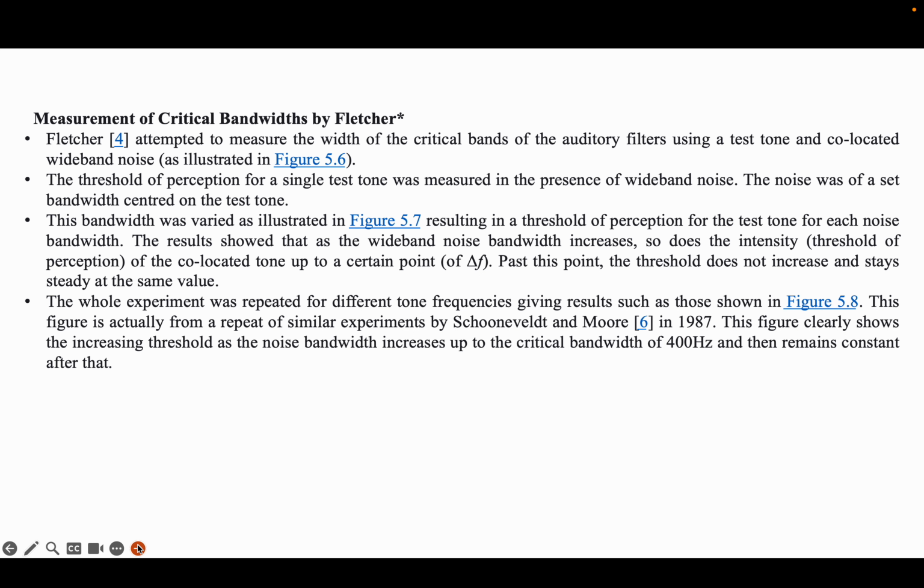So this attempt was made to measure the width of the critical bands of these built-in auditory filters within the human inner ear, using test tones and co-located wideband noise. And so we'll see a couple of figures on the next page that illustrate this a bit. So the important thing to measure or to think about is this threshold of perception.